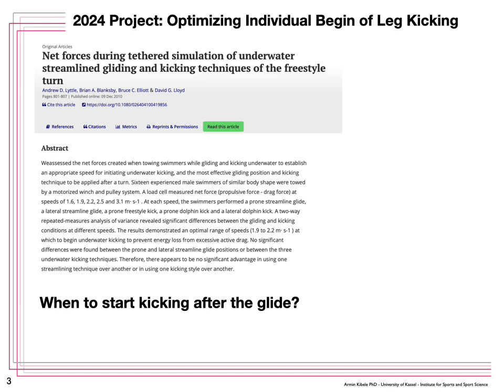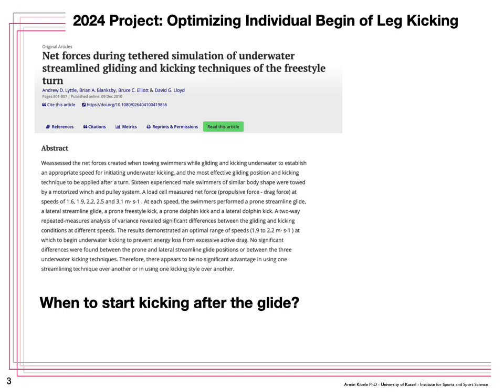At each speed, the swimmers performed a prone streamline glide, a lateral streamline glide, and a prone freestyle kick, a prone dolphin kick, and a lateral dolphin kick. A two-way repeated measures analysis of variance revealed significant differences between the gliding and kicking conditions at the different speeds.